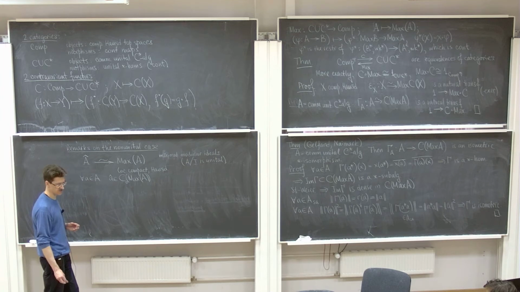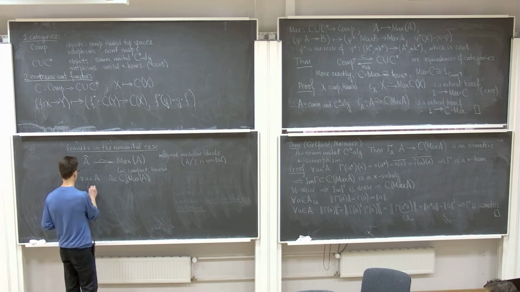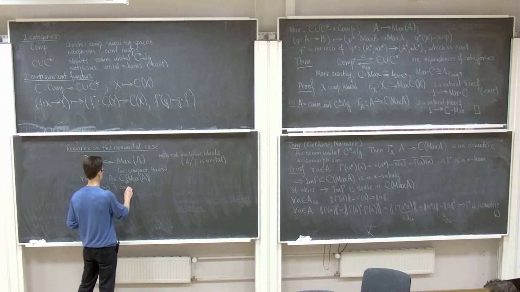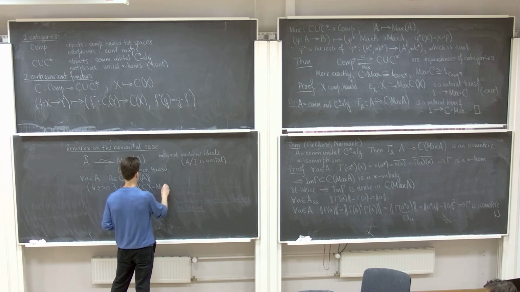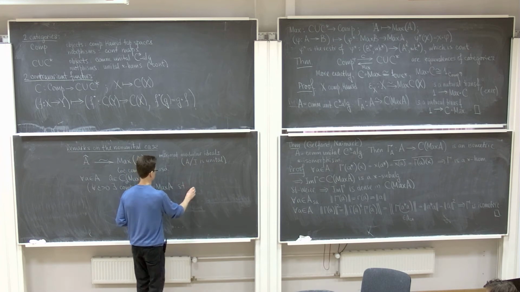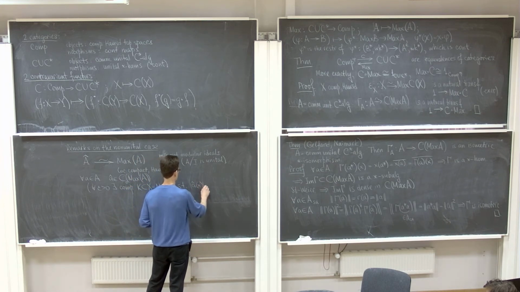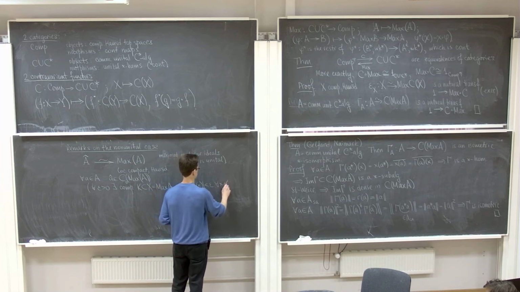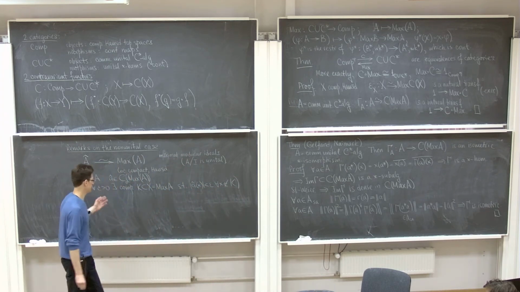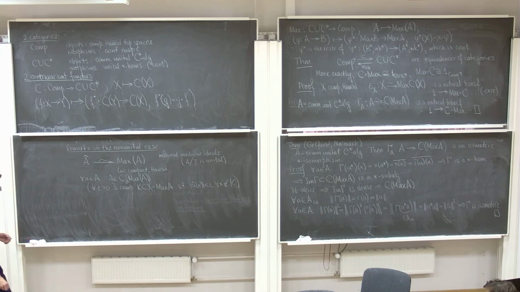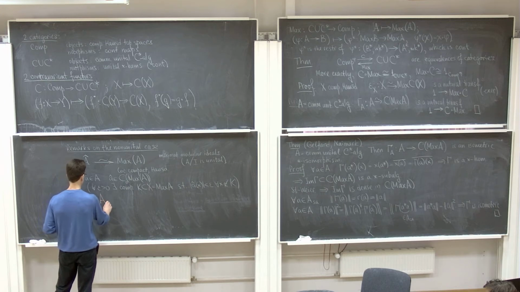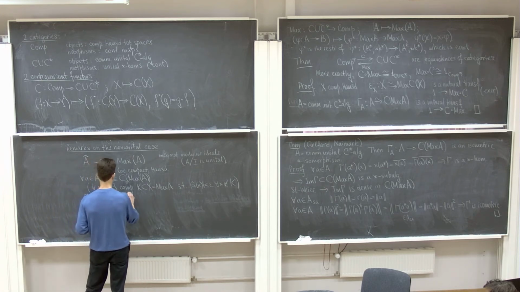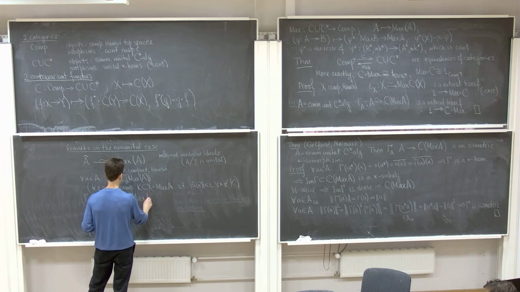And this vanishing at infinity condition means that for each positive epsilon, we can always find a compact subset K of our space, so X is the maximal spectrum, such that our function is less than epsilon outside K. This means that a hat vanishes at infinity. So the Gelfand transform becomes a homomorphism from A to the algebra C0 of continuous vanishing at infinity functions on the maximal spectrum.